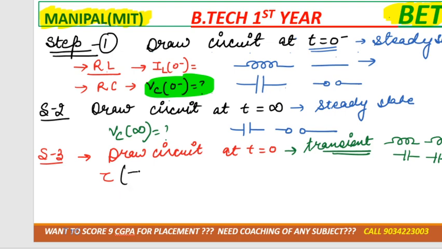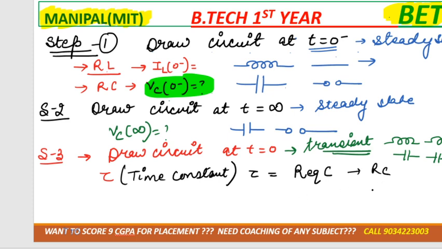What is tau over here? Tau is the time constant, and the formula is, if there is an RC circuit, R equivalent multiplied by C. But if there is an RL circuit, then the formula for tau is L divided by R equivalent. Tau is time, so its unit is seconds.